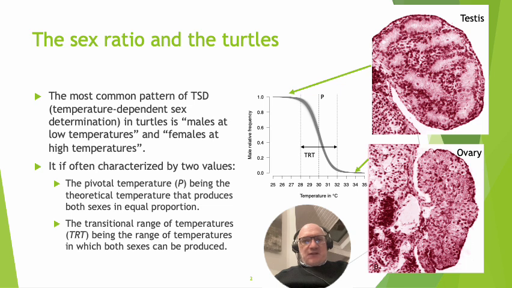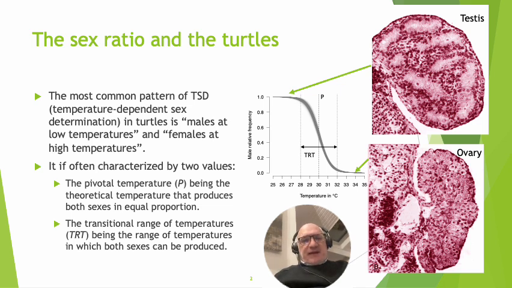You see at the top testes, which is a male gonad, and female at high temperatures. You see at the bottom of the graph an ovary gonad, which is a female gonad.